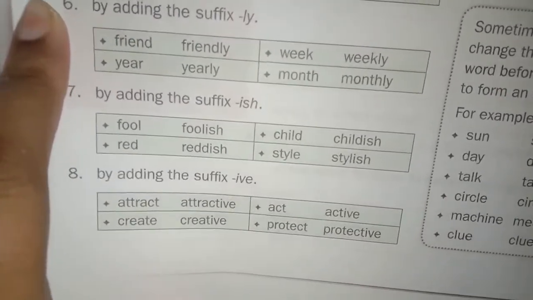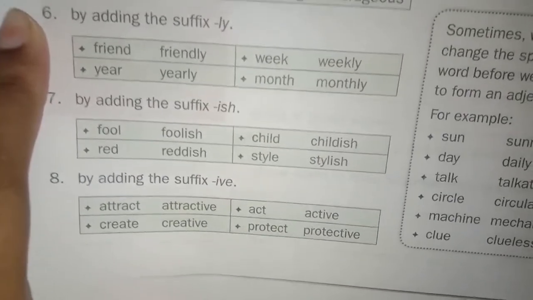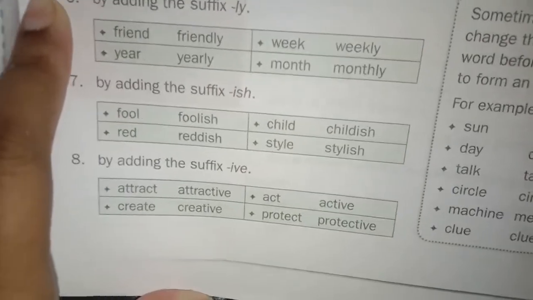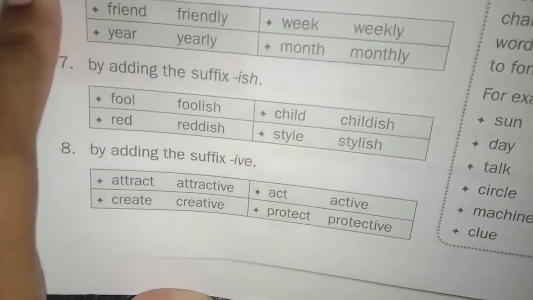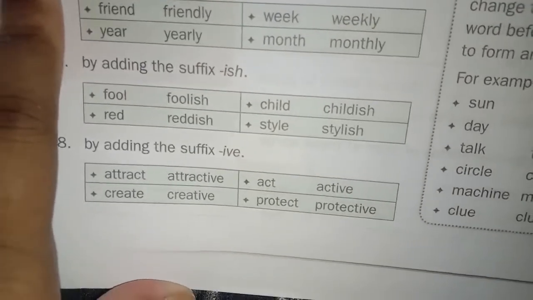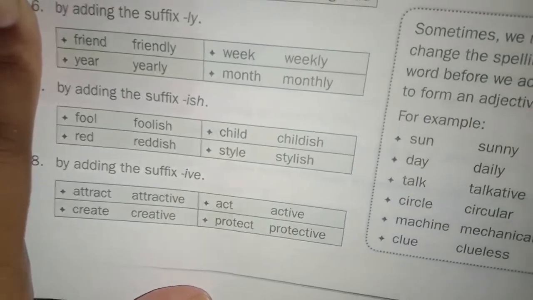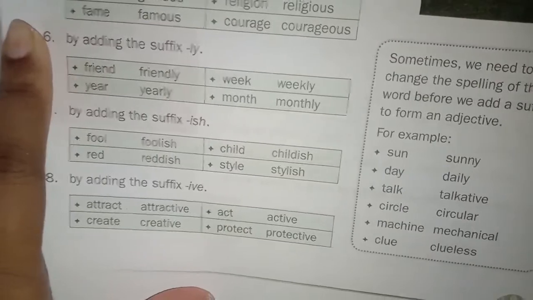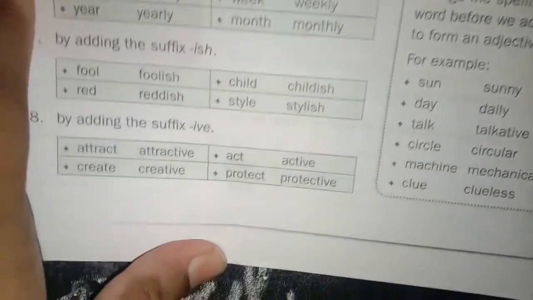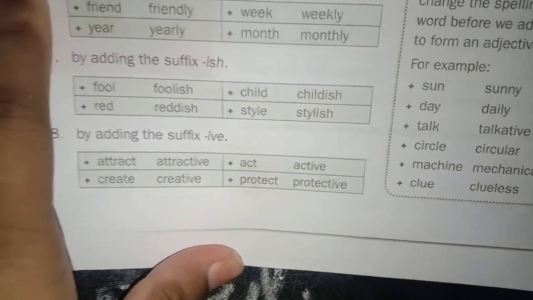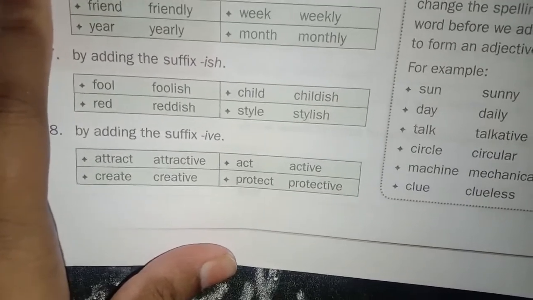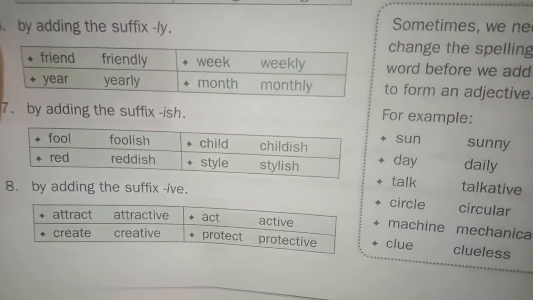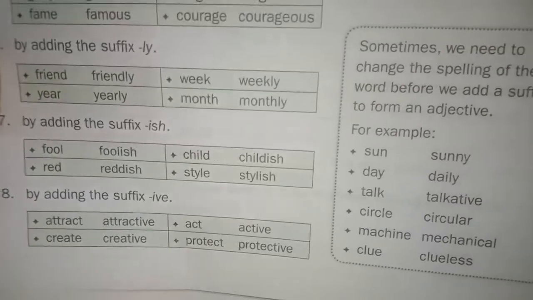By adding the suffix ISH: fool, foolish. Red, reddish. Child, childish. Style, stylish. Next, by adding the suffix IVE: attract, attractive. Create, creative. Act, active. Protect, protective.